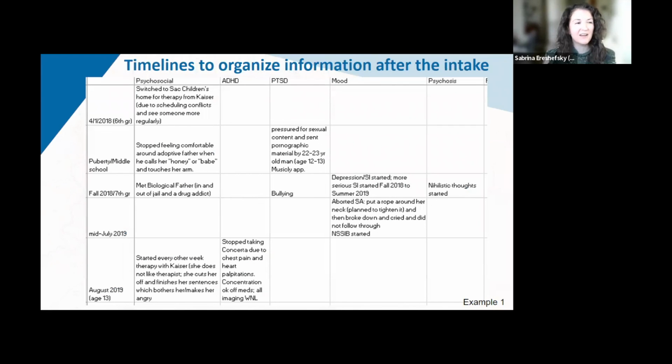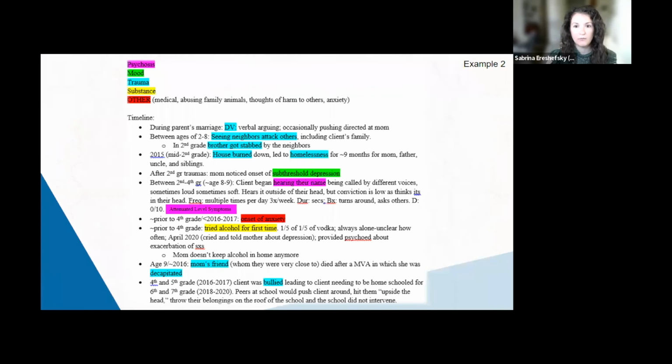So lastly, I have a couple of examples of timelines that I've started to create for a client following an intake to help me with better understanding the overlap of symptoms and helping me with maybe identifying if I have holes still that I need to help get answered. So I have here one example with an Excel sheet, and then another one with a Word document using kind of a color coding, different ways to visually see the overlap of symptoms, what could be the etiology of something.